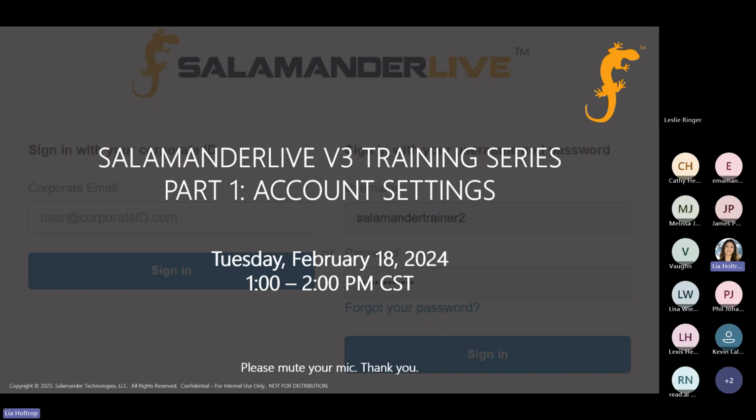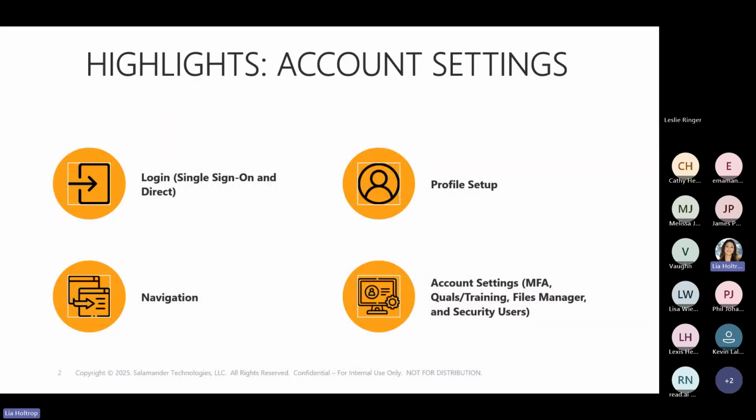So in today's training, we are going to be covering the 4 areas that you see on the screen here. First is going to be logging into V3. I'm going to discuss the 2 options and the process for logging in. This is going to include how to migrate your V2 user over to the V3 system. I will also talk about how to create new users as well as get those new users logged into the V3 system.